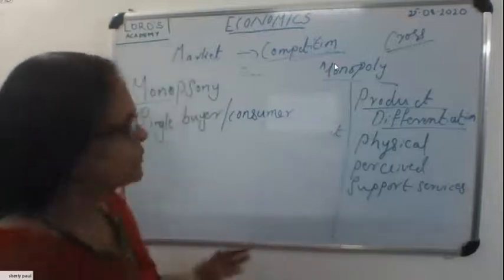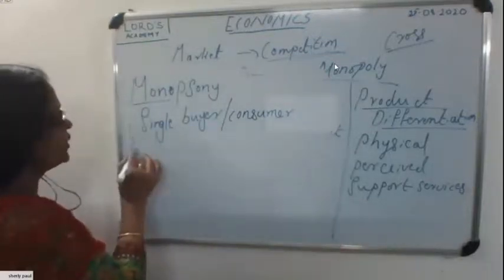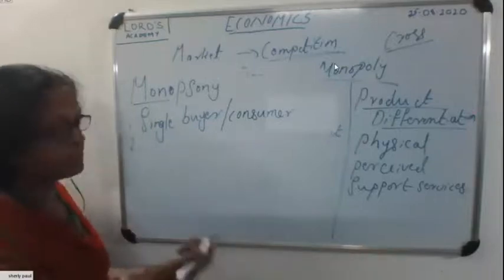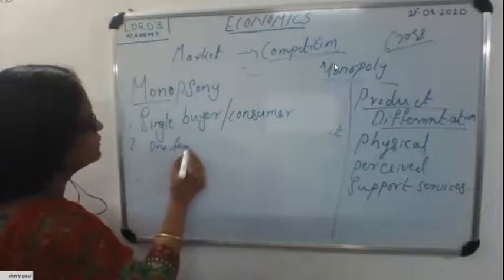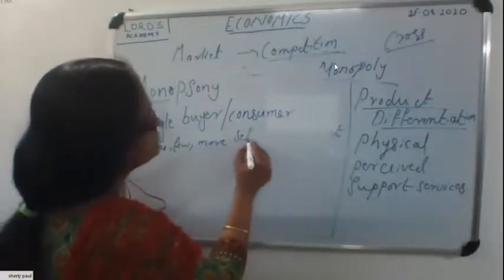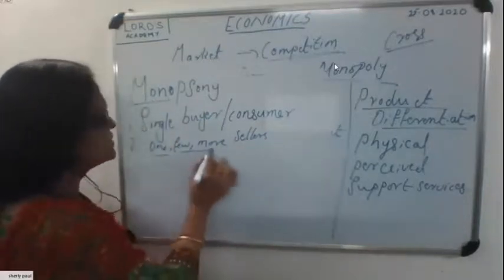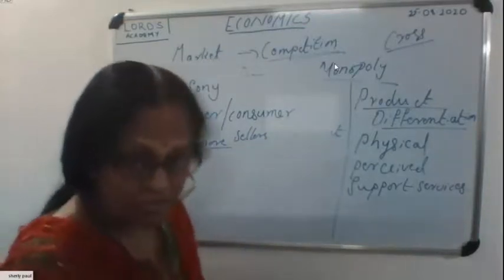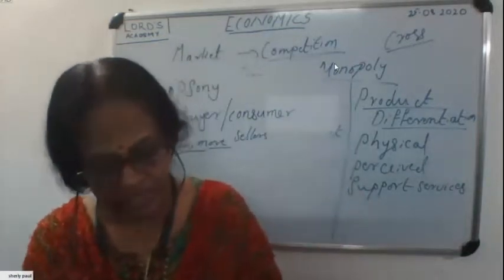It does not matter, because the important point is that the buyer is single only. The second point is maybe one seller, otherwise a few, otherwise more, a large number of sellers. Either one or few, it is not important.